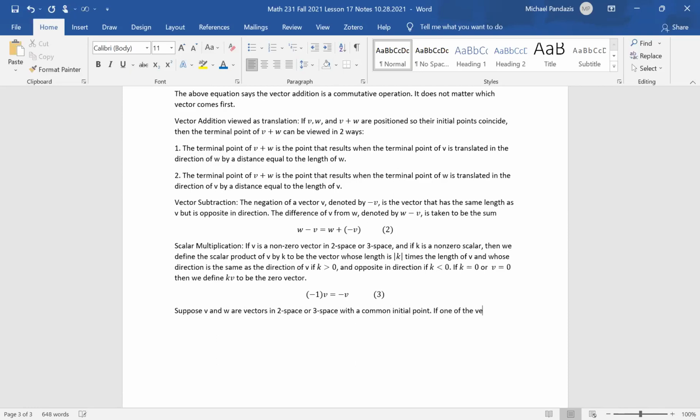If one of the vectors is a scalar multiple of the other, then the vectors lie on the same line and are thus called collinear. Parallel lines are also said to be collinear, and vice versa.